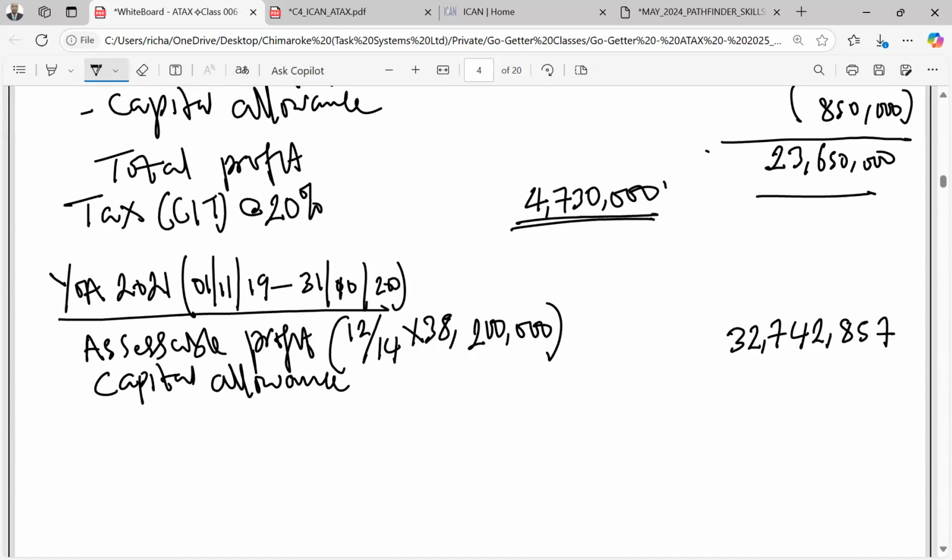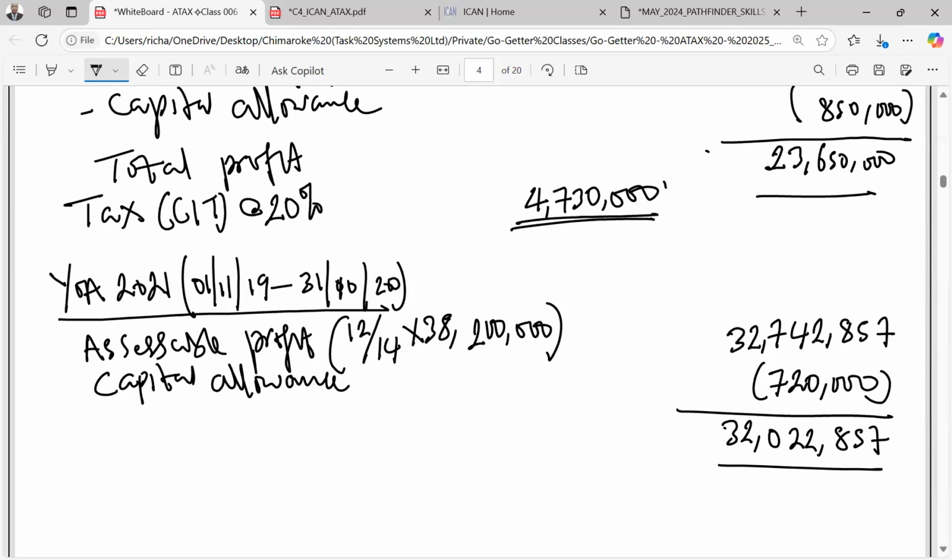So you are going to remove 720 here. And when you remove 720, what do you have? We have 32,022,857. This is going to be your total profit.